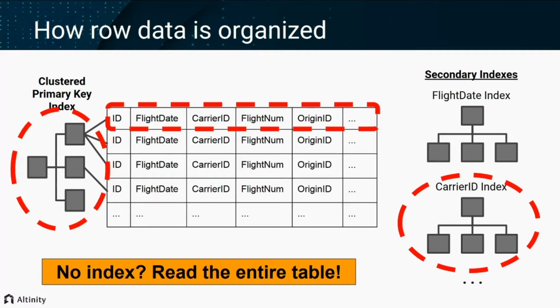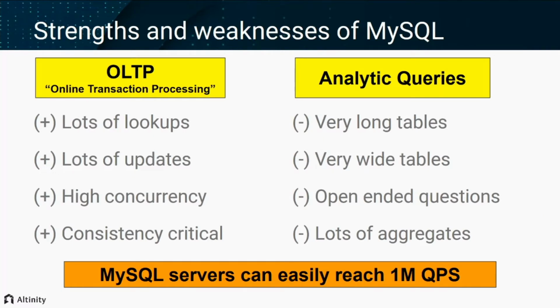It has some consequences: as we look at different types of applications, the structure is good for some and bad for others. With MySQL, what's kind of interesting is that it's really focused on a type of processing that we call OLTP, or online transaction processing. These types of applications have lots of lookups, so going and looking at individual rows or small numbers of them, and lots of updates to those rows.